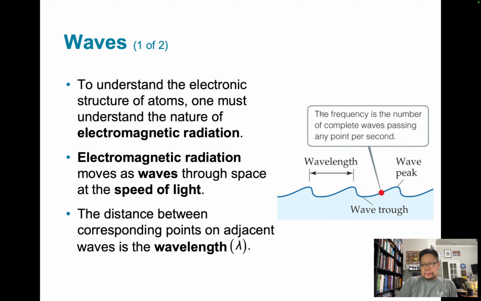So what are waves? To understand what the electronic structure of atoms is, you have to understand electromagnetic radiation. And what is electromagnetic radiation? Well, electromagnetic radiation comes in the form of all the light that we see and all the light that we don't see. So, for example, UV rays, X-rays, microwaves, infrared, radio waves, gamma rays, and then probably the one that you're most familiar with, which is the visible spectrum, which is the colors of the rainbow, ROY G. BIV.